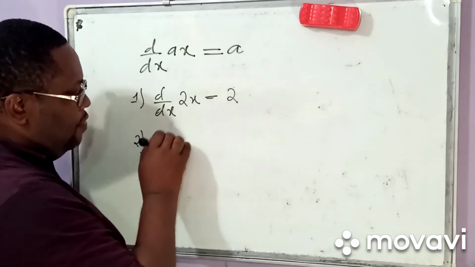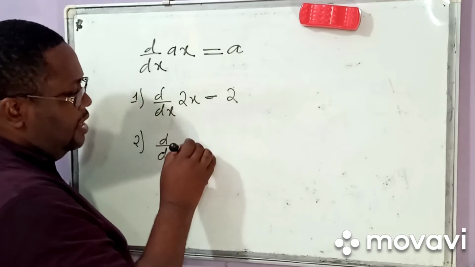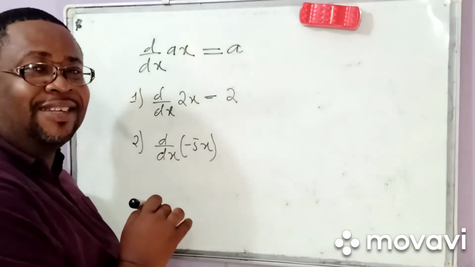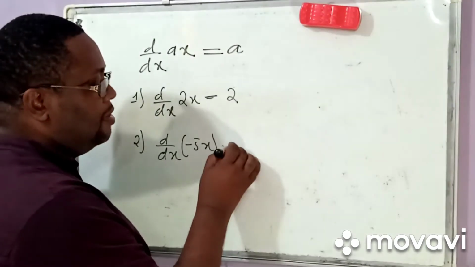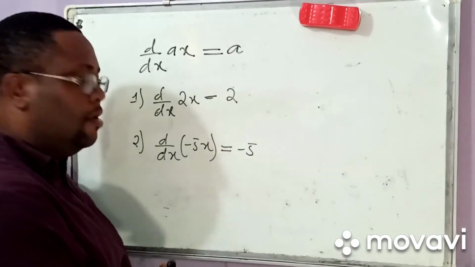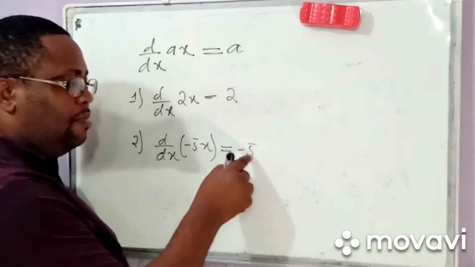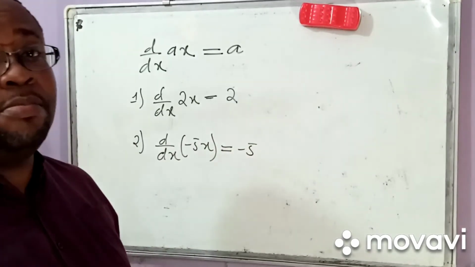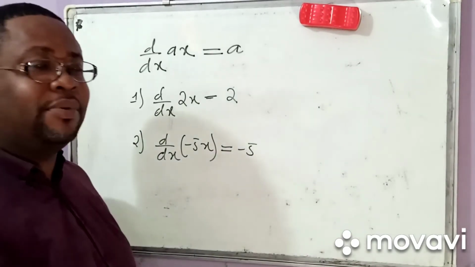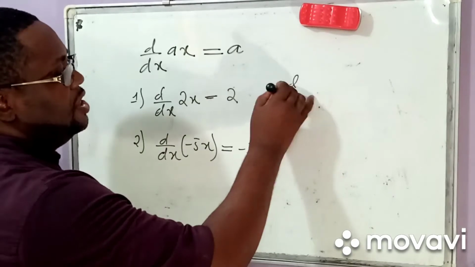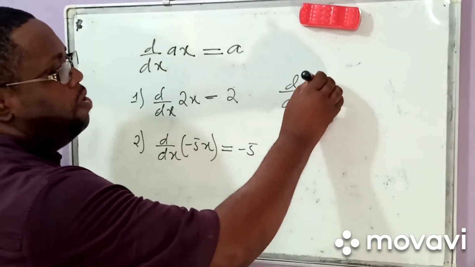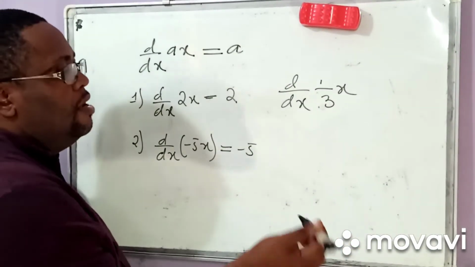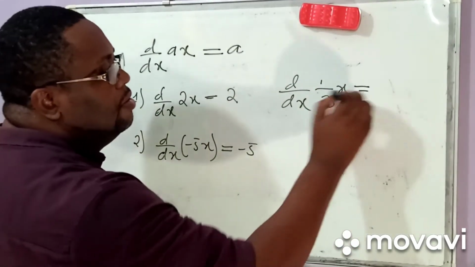Number 2, if you differentiate with respect to x, minus 5x, you know what your answer is going to be? Simple. Minus 5. Whenever I'm differentiating ax, my answer simply becomes a. Voila. So simple. Very, very simple. Okay, when you're differentiating with respect to x, 1 over 3x, you don't have to do anything. Your answer is simply equal to this guy here.